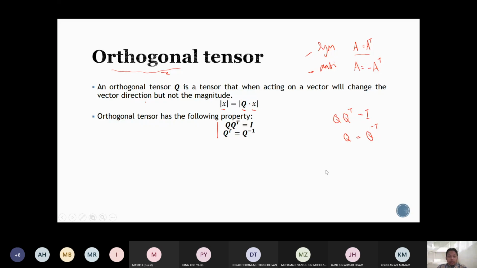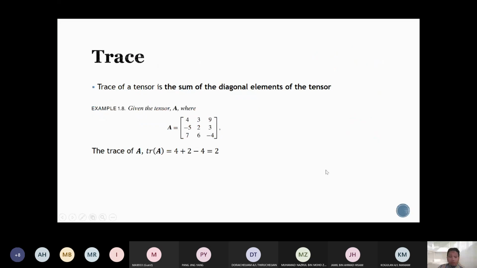Okay, another properties of a tensor or a square tensor is the trace. Okay, so trace of a tensor is the sum of the diagonal elements. Okay, so for example, if you have tensor A, matrix A, so to find the trace of A, you just add the diagonal element values. So 4 plus 2 minus 4 equals 2. So trace of A equals 2.